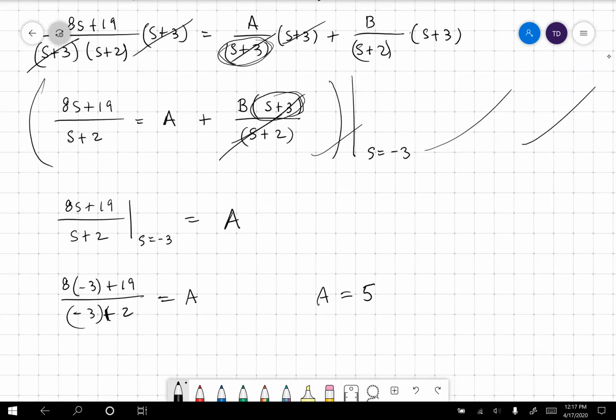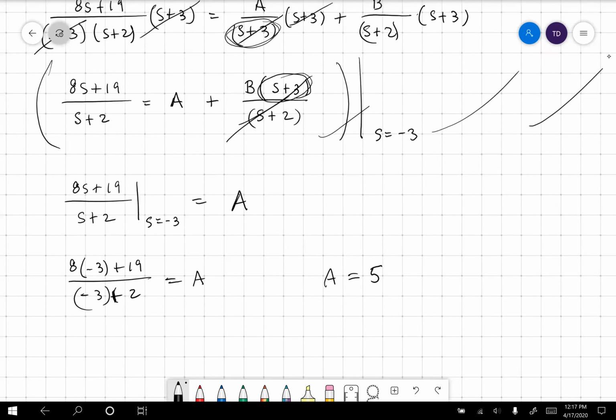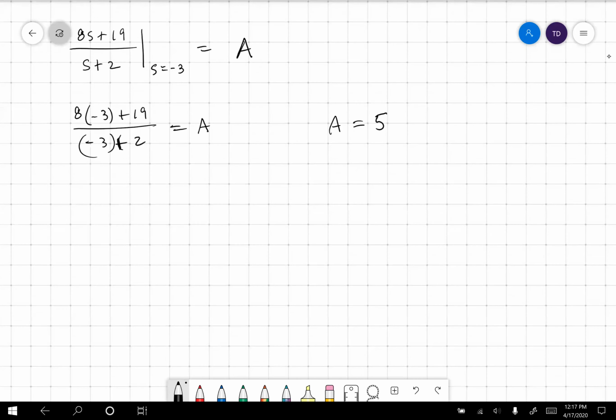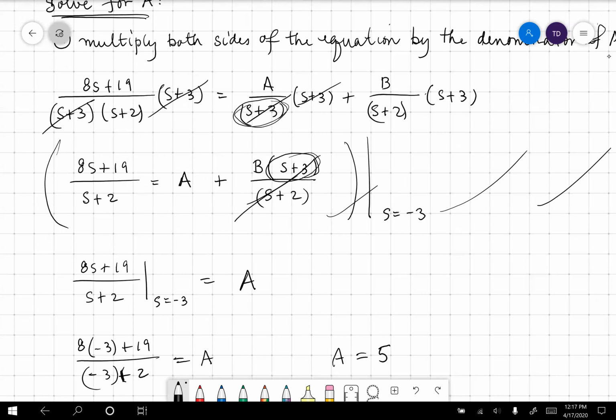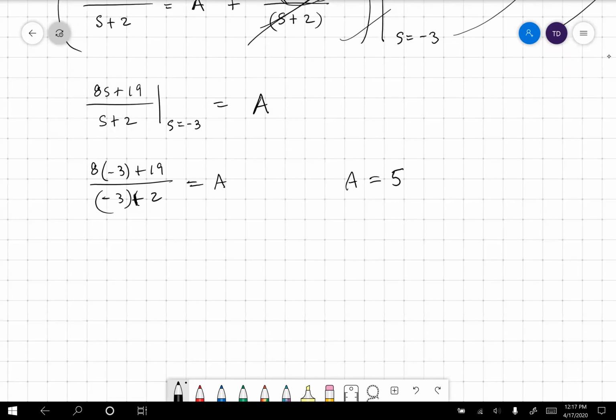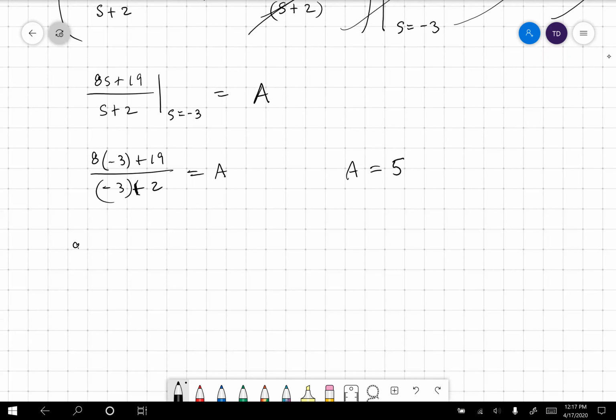So that's A's value. To solve for B, we do the same exact thing, except we multiply by B's denominator. So when we're solving for B, we have 8s plus 19.